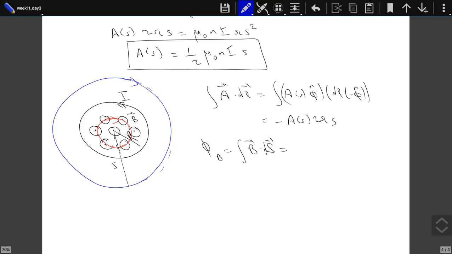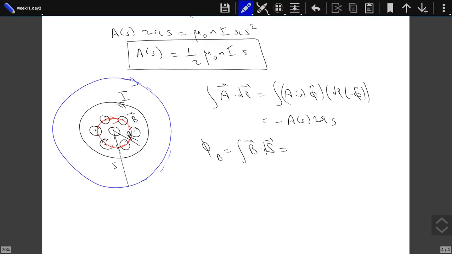B is non-zero only in this region. It is 0 over here. So I can divide my surface integral, my area integral, into two parts: over this disk, which coincides with the interior of my solenoid, and over this ring outside my solenoid. There is no contribution from outside my solenoid.